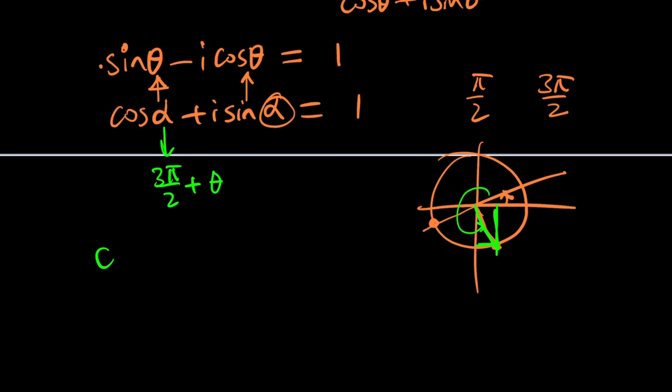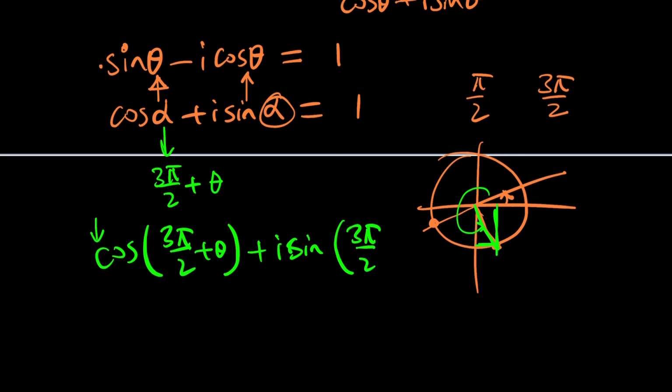So that when I evaluate cosine of 3 pi over 2 plus theta, this is going to give you a positive value because cosine is positive in the fourth quadrant. You have to look at the original function, right? And sine is going to be negative in the fourth quadrant. Great. So this will give us what we are looking for. So alpha is 3 pi over 2 plus theta.